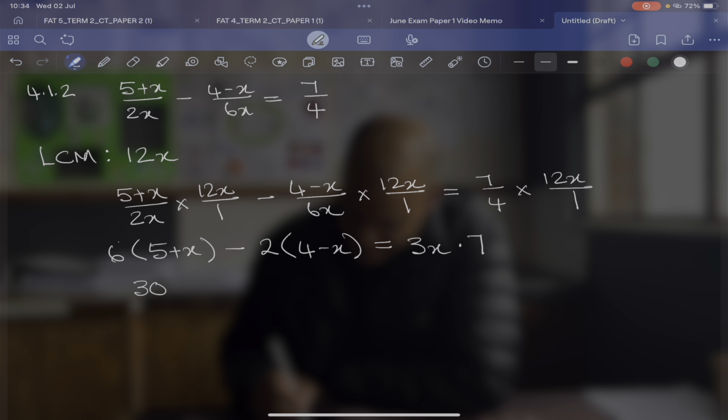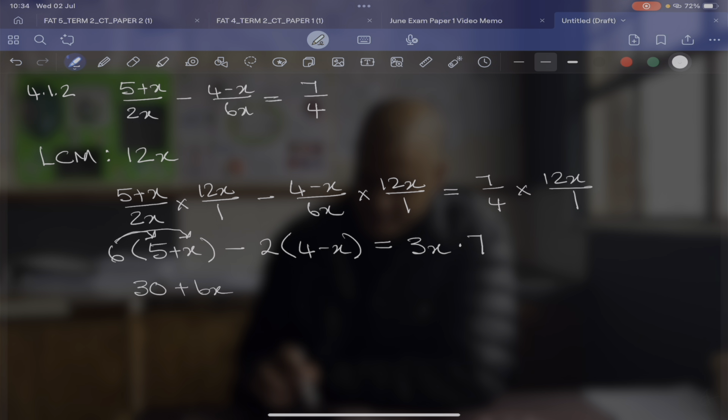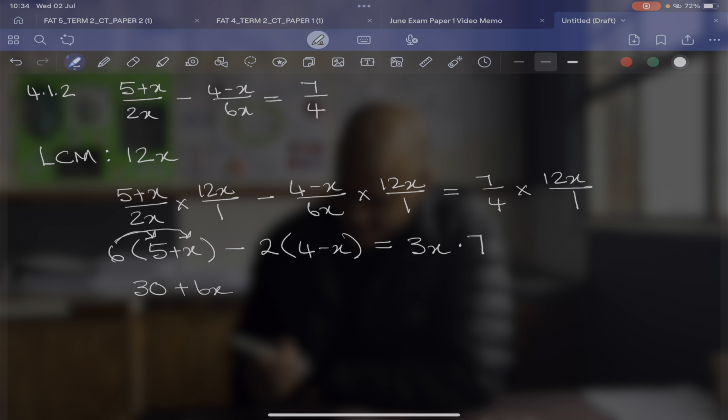That, of course, was 6 multiplied into the bracket, and then 6 multiplied into the bracket again to give me 6x. This is where many of us make mistakes. We multiply the 2 into the bracket to get 8, forgetting that it is negative 2 multiplied into the bracket. So your signs there will be affected, which will ultimately affect your final answer.